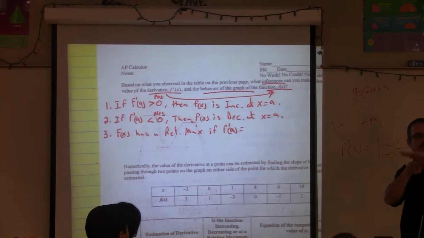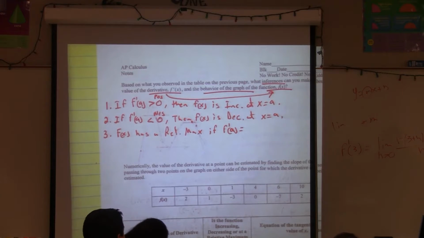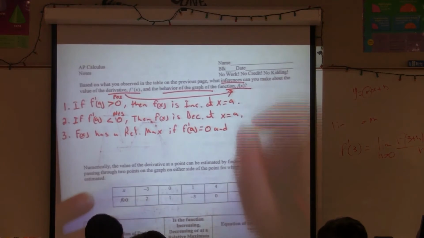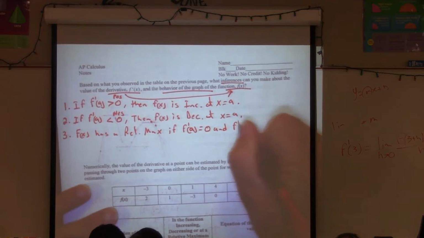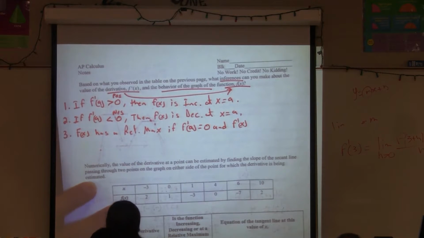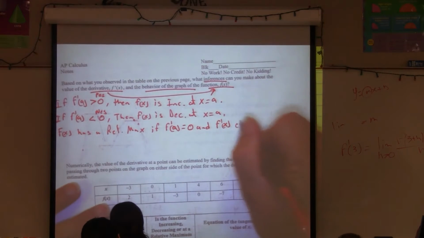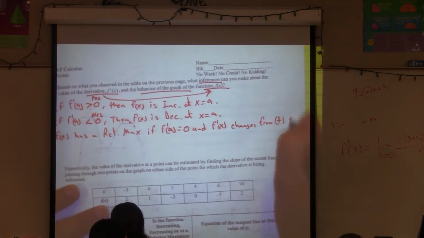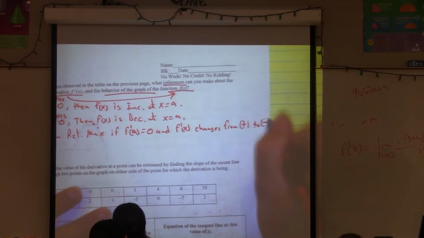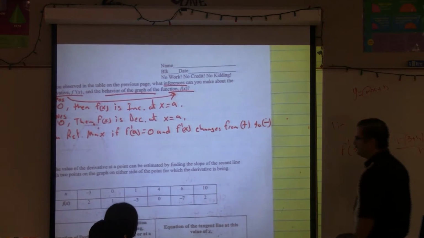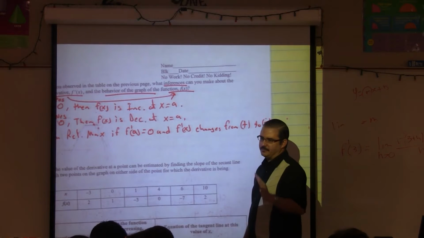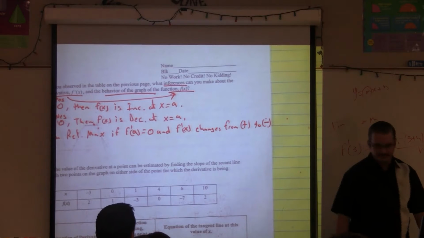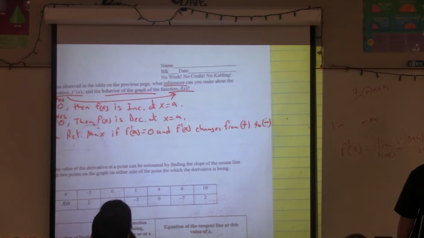Now it could be a maximum or it could be a minimum. So the first thing is that it has to equal 0. And what's the second condition? The derivative changes, very good, from positive to negative. Okay? So the derivative has to be a positive value, and then it has to change to a negative value on the other side of that 0. There would be a max.